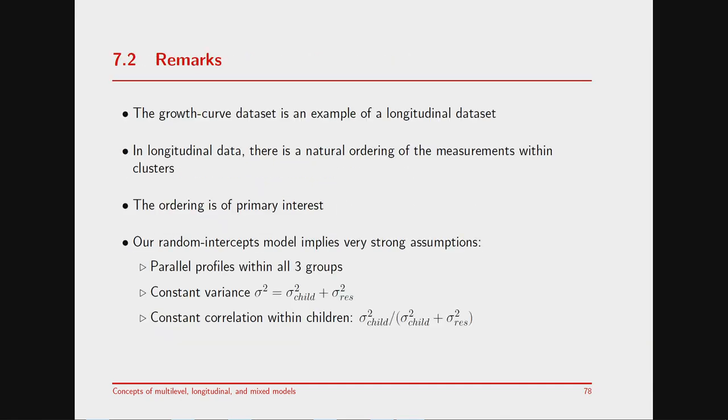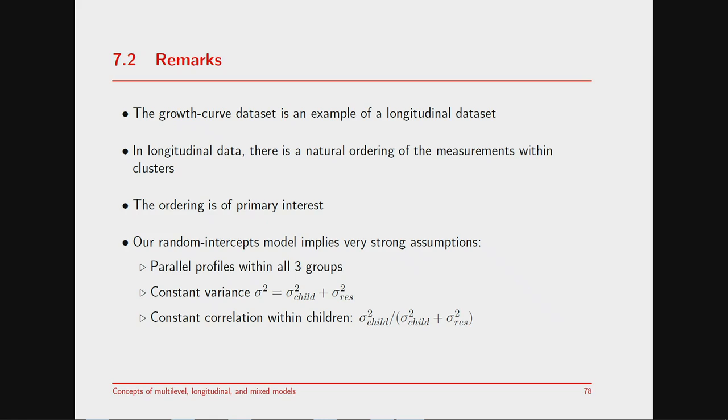Now, why is this model still too restrictive for many practical applications? Well, just look here. We are assuming parallel profiles. That's not always going to be the case.